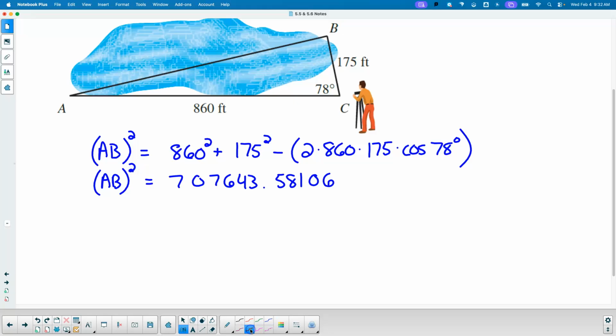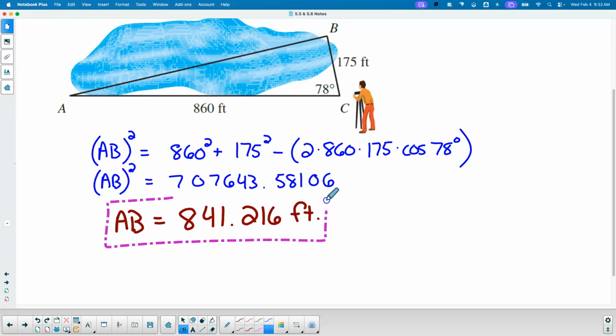So distance AB then would be 841.216 feet. Yes?